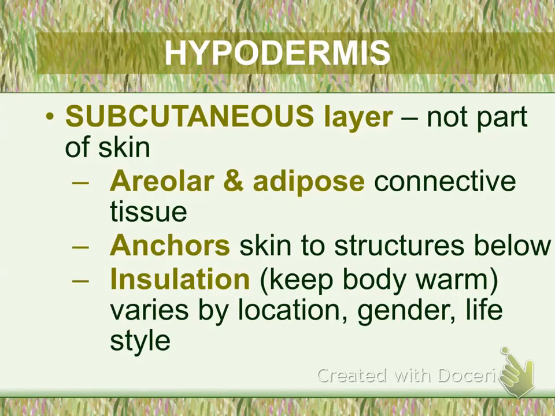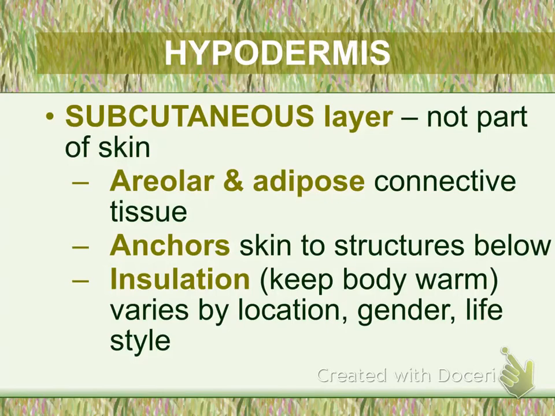Because it contains adipose tissue, the job of the hypodermis is to provide insulation and keep the body warm, and depending on the location, the amount of adipose tissue is going to vary. That could also vary by gender, whether you're a man or woman, or by your lifestyle, your genes, and all that.